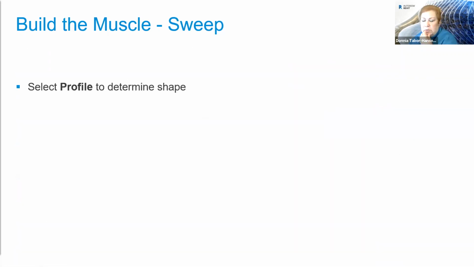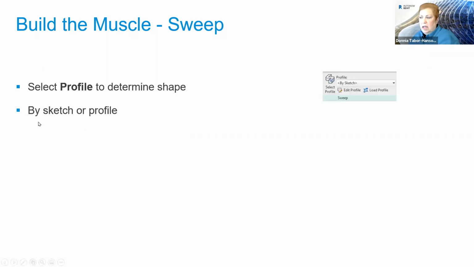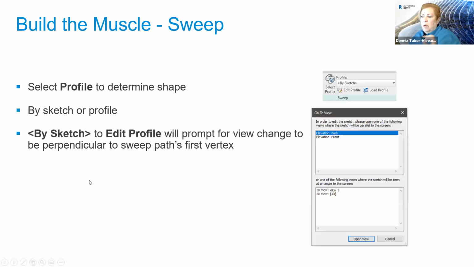When you build a muscle, then once you set your path, you've got to determine what shape you're going to sweep around this. So you can select a profile to determine the shape, and you can do it by sketch. And if you do by sketch and then say edit profile, it's going to immediately put you in a view where you can look down perpendicular to your first vertex of your path.